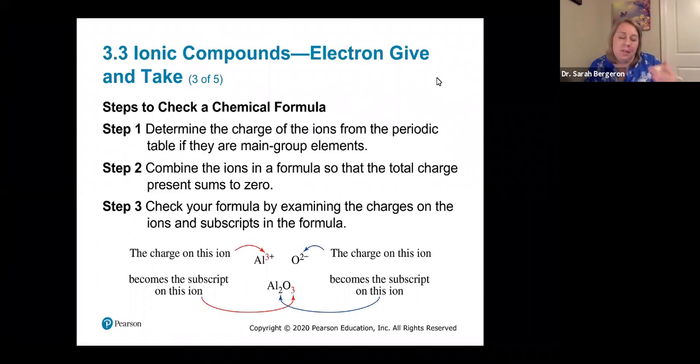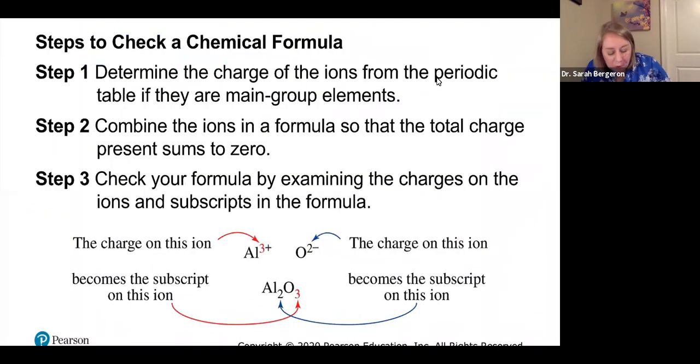Determine, this is kind of your stepwise, determine the charge of the ions from the periodic table. So aluminum is in group 3A, so I know that all group 3A elements are going to give me a charge of +3. I go to my oxygen.